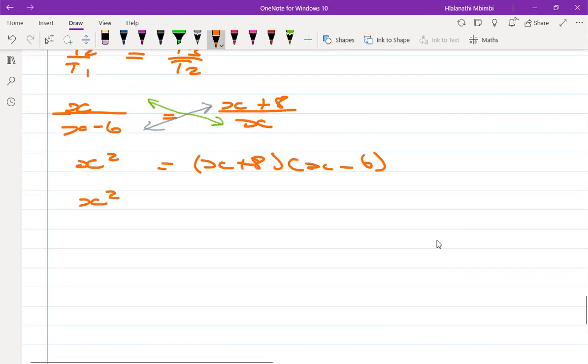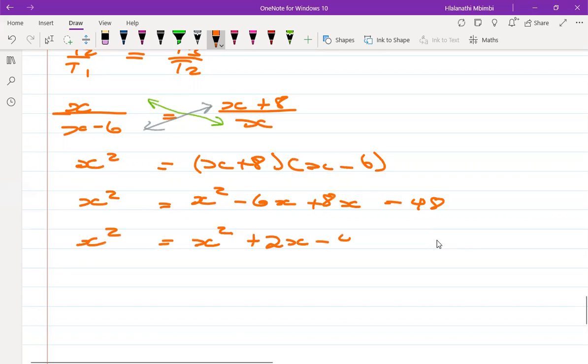Then you would have x squared is equal to x squared minus 6x plus 8x. 8 times 6, what is that? It is 48. Thank you so much. So that would be x squared is equal to x squared plus 2x minus 48.